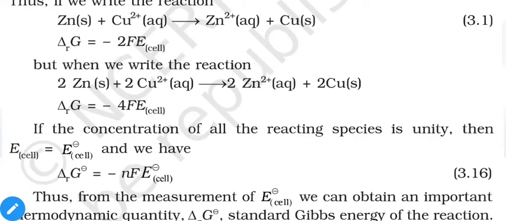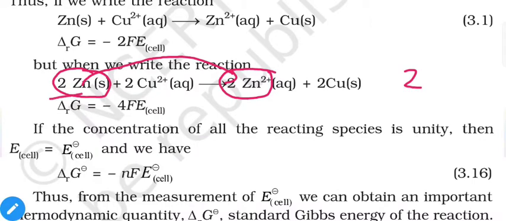As we can see in this equation, 2 moles of zinc metal will produce 2 moles of zinc ion. The charge change per zinc is 2, and we have a total of 2 of them. So a total of 4 electrons transfer takes place. That's why we have to place 4.